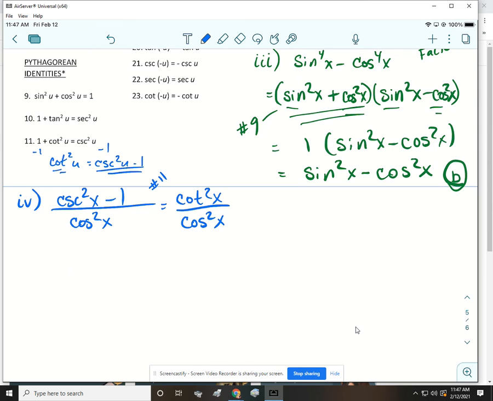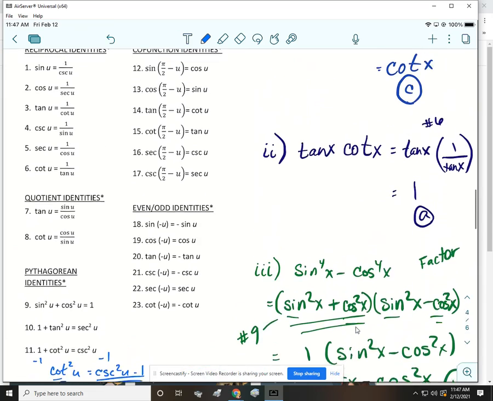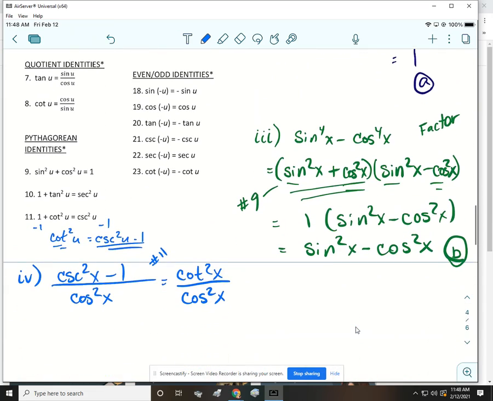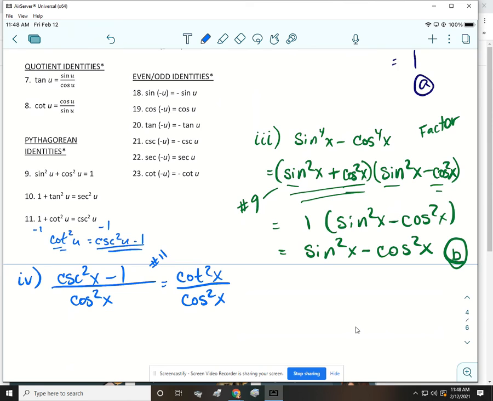Okay. Then another thing you may not realize is the reciprocal and the quotient identities work for different powers. So if I had cotangent to the 5th of u, I could rewrite that as cosine to the 5th over sine to the 5th. If I had tangent squared, I could write that as sine squared over cosine squared.